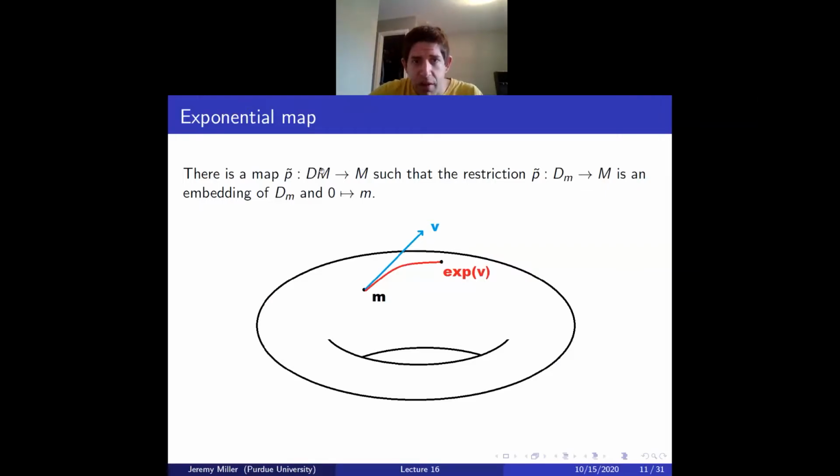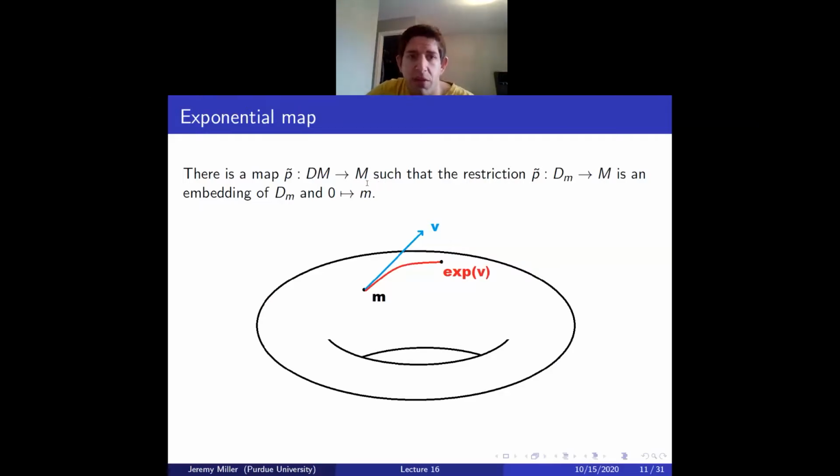It's not a projection. I'm calling P the projection map of the bundle, and P tilde is going to be this map from this disk bundle over M with the property that P tilde restricts to an embedding of the fiber over M into M, and that embedding sends 0 in the disk to M.